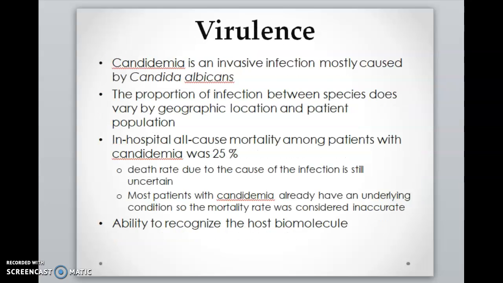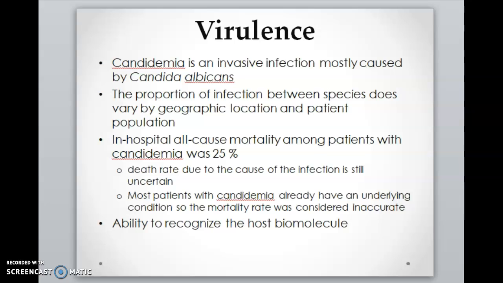Candidemia is an invasive infection mostly caused by Candida albicans. So the proportion of infection between species does vary by geographic location and patient population. And then in hospital, all-cause mortality among patients with candidemia was 25%.